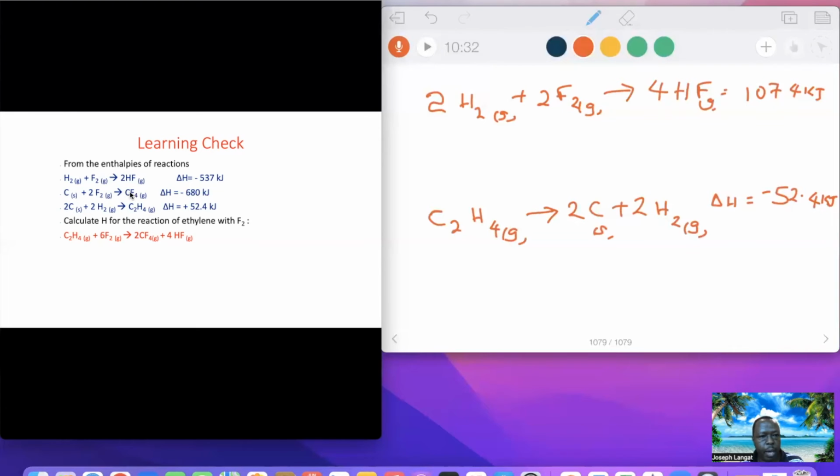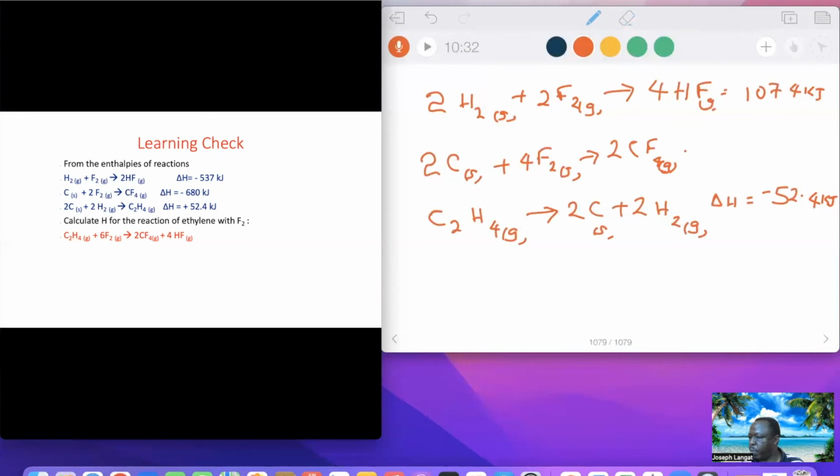So if I multiply that across, this will be 2 carbon plus 4 fluorine in gaseous state, going to 2CF4 gas like that.